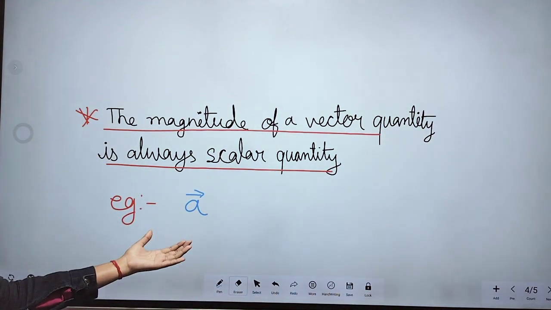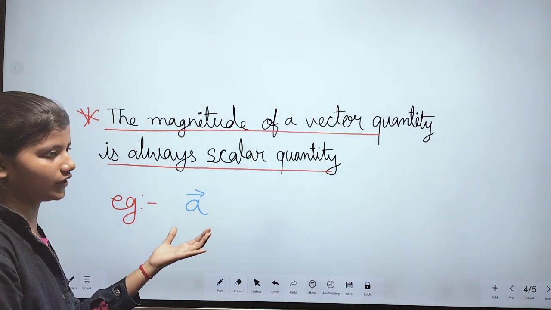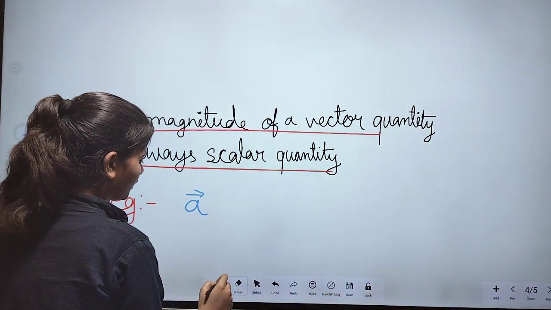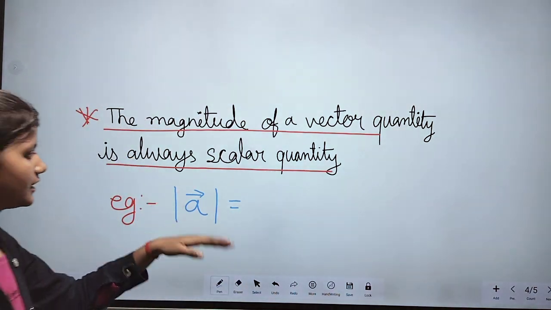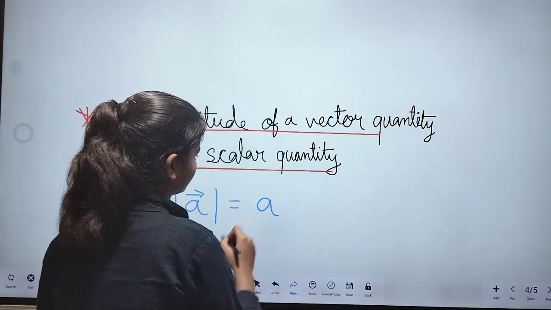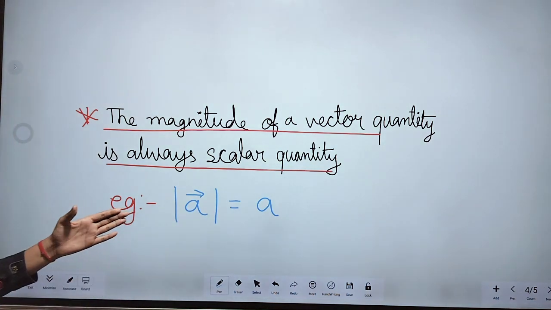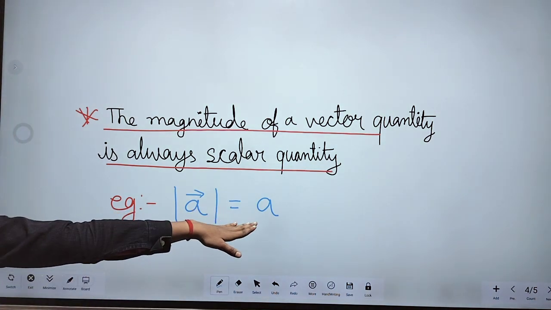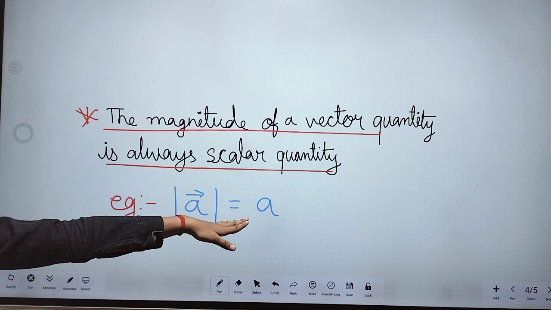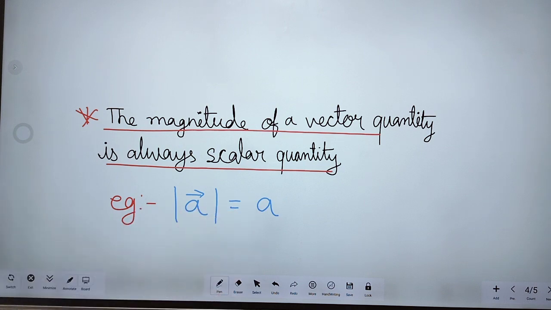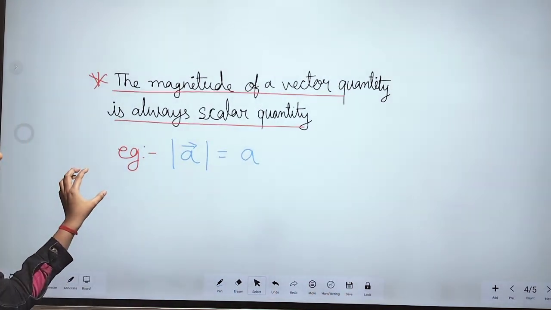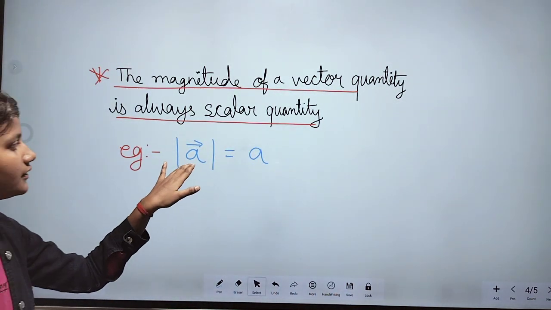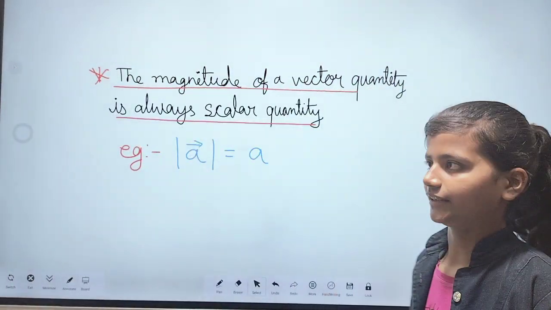This one is a vector quantity. But if we put modulus, then the arrow is removed, and now this is called a scalar quantity, because the arrow shows that this is a vector quantity.